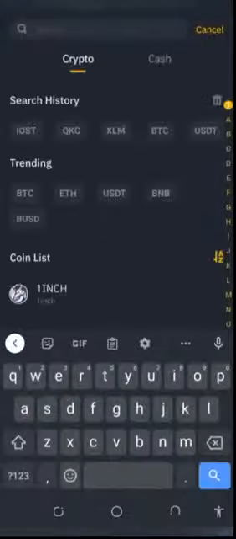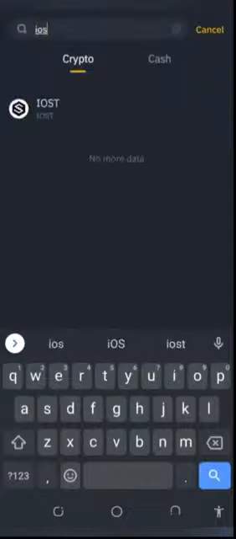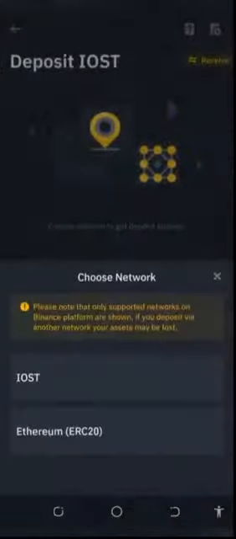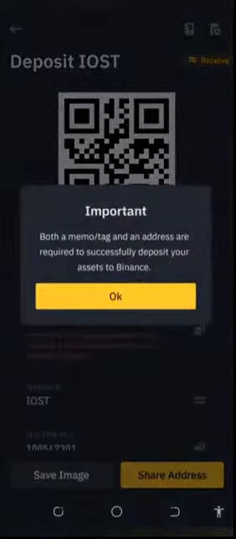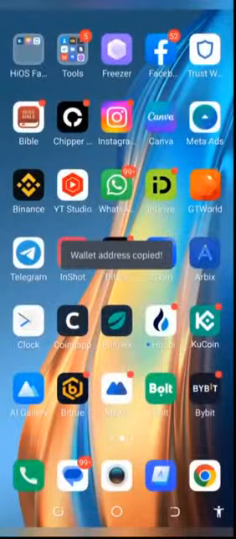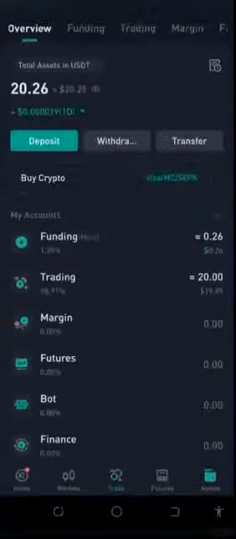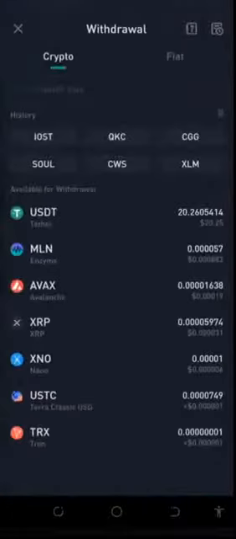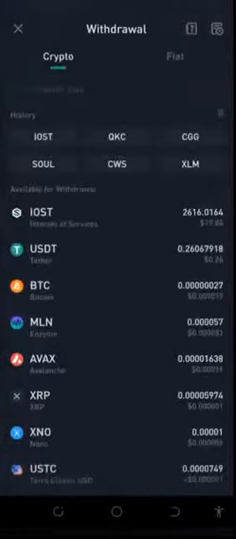And then that is supposed to be IOST. Okay? IOST. And then we click on IOST. All right. It says both the memo and the tag. So let's click on this. We copy that. And then we quickly go over to our KuCoin where we are going to withdraw. Okay. So we're withdrawing that quickly.